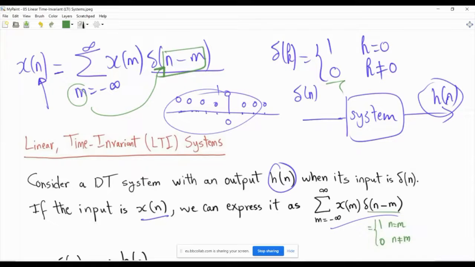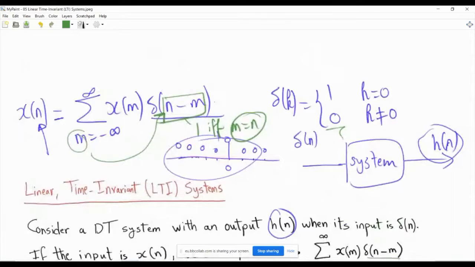Only when small m is equal to small n will the discrete time delta be 1. So the only surviving term in this infinite sum is when the summation index m is equal to n, and in that case the term is x of n multiplied by 1, which is x of n.